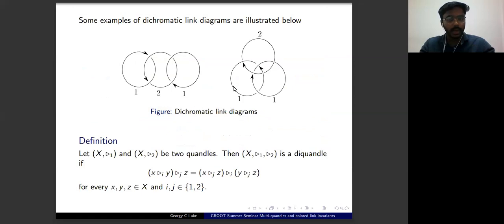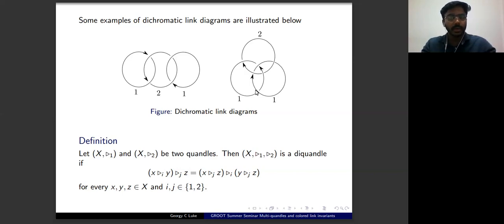See, for example, I have drawn some dichromatic link diagrams. These are 3 rings which are interlinked, and we project it to get the diagram. And then this 1, 2, 1 indicates the color of the components. So the first component and the third component have the same color, whereas the middle component has a different color.